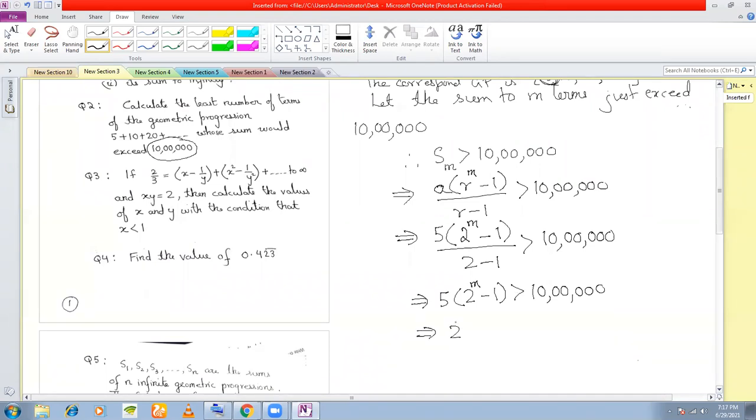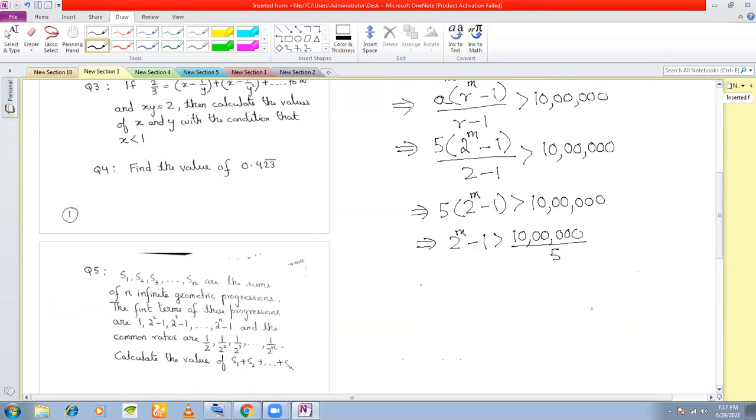Let's write this in a more simplified manner. 2 to the power of m minus 1 must be greater than 10 lakh divided by 5. You cancel this with 5, that means 2 lakh. That means 2 to the power of m must be greater than 2 lakh 1, isn't it?